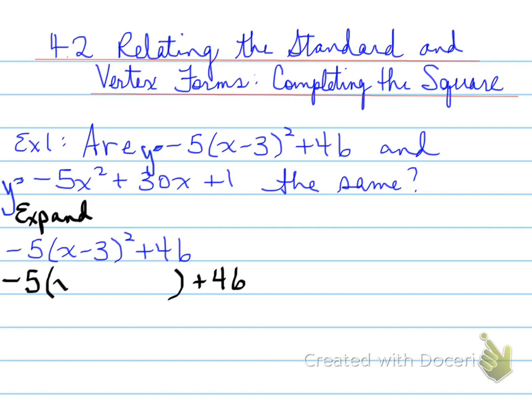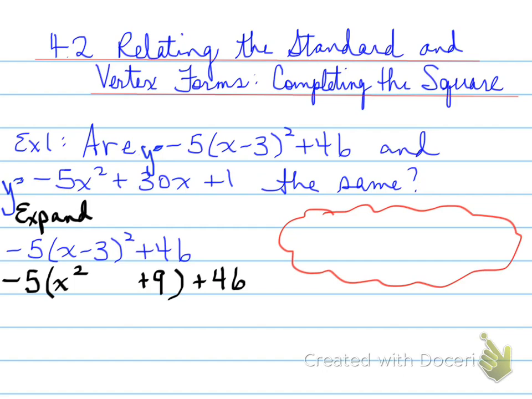So we still have the plus 46 on the outside, but we're going to expand this x minus 3 all squared, which will be x squared plus 9, and then the middle part is what we need to figure out. Now, note, x minus 3 squared is x minus 3 times x minus 3. When we do that, we get x squared minus 6x plus 9. So this is our expanded version.